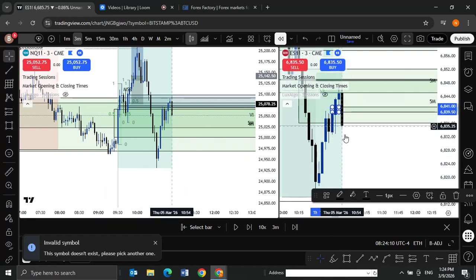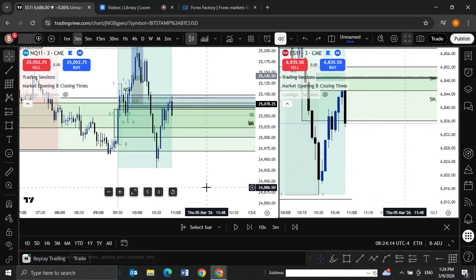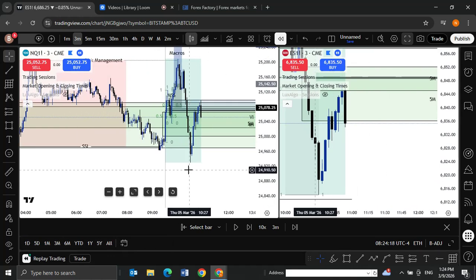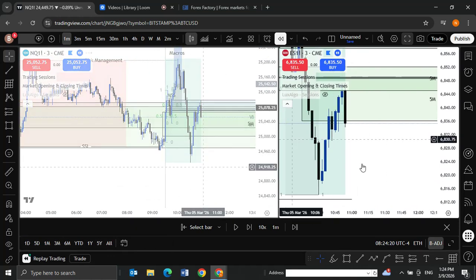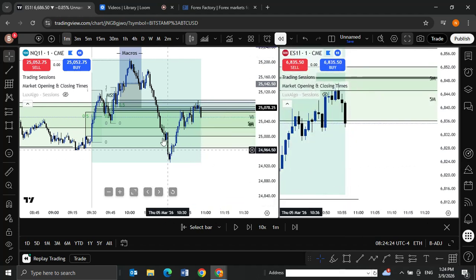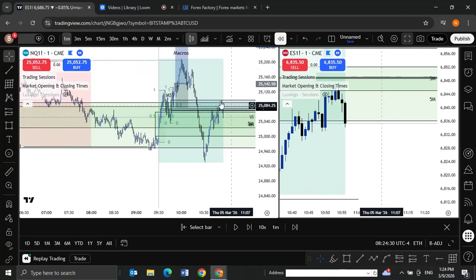3 minute inversion, right. Do I want to enter here? To be honest, I feel like price will just start to accumulate now. But let me think. I also know the 10 a.m. candle closed above this one, right? So it rejected it perfectly.